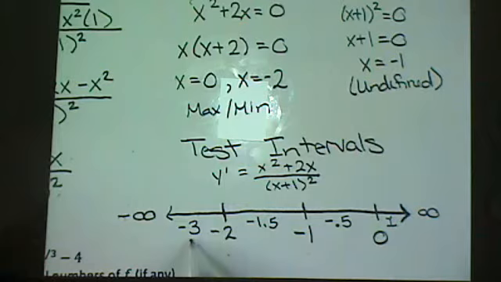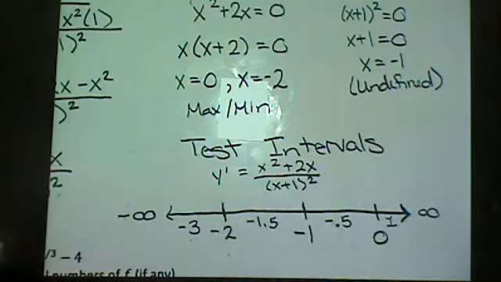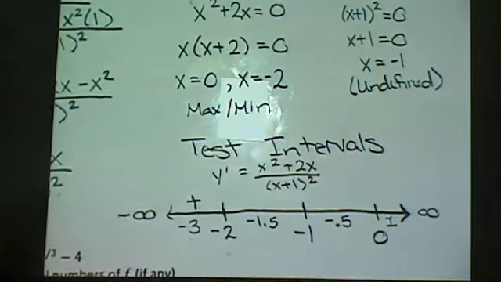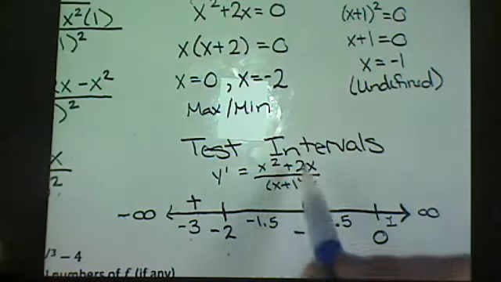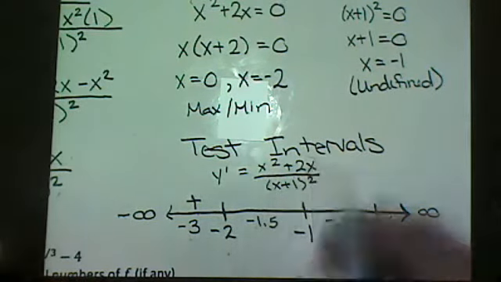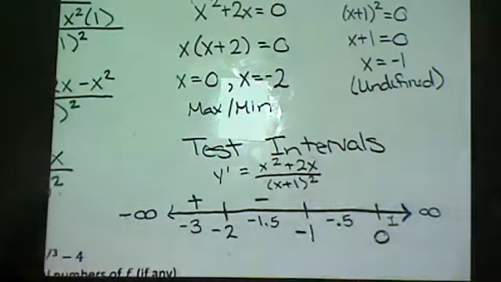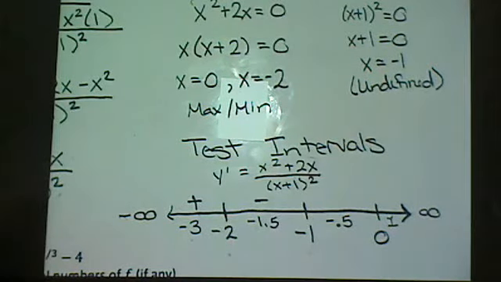If I plug -3 into this equation, I get a positive number. When I plug -1.5 in, I get a negative number. It doesn't matter what the number actually is, it's just the sign that counts.